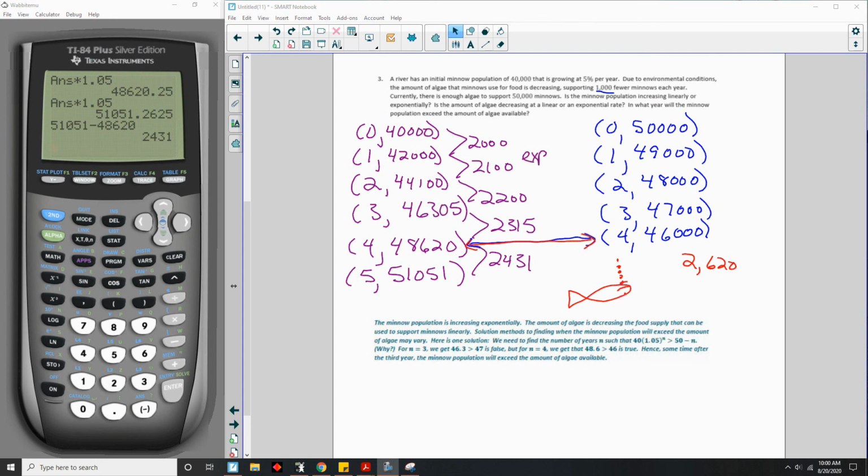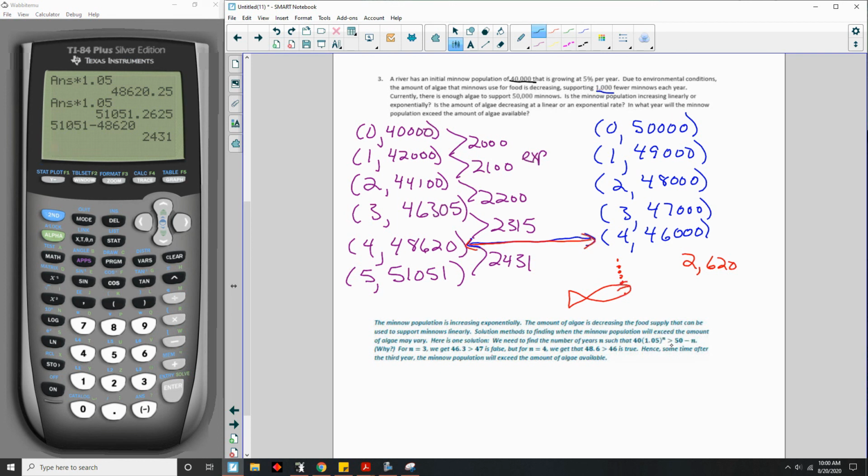So we need to find the number of years n such that, and they gave us the equation here. This 40 is in thousands, just so they're not dealing with really huge numbers. So that's our initial population, 40, that's our y-intercept in our exponential function. 1.05 is our rate of change, that's our base, to the power of n, where n is the number of years.